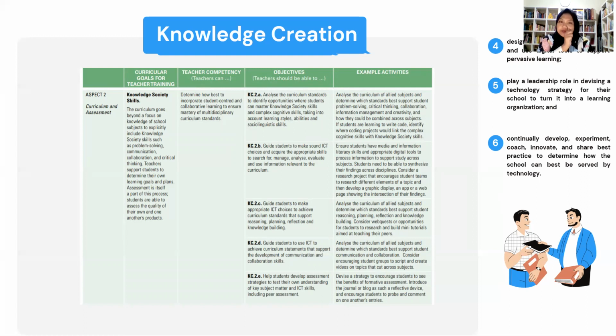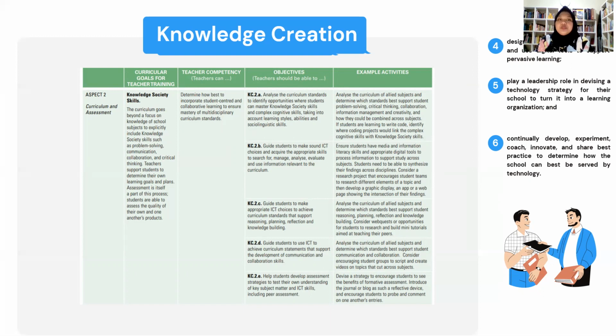The next objective will be guide students to make sound ICT choices and acquire the appropriate skills to search for, manage, analyze, evaluate, and use information relevant to the curriculum, by ensuring students have media and information literacy skills and appropriate digital tools to process information to support study across subjects.